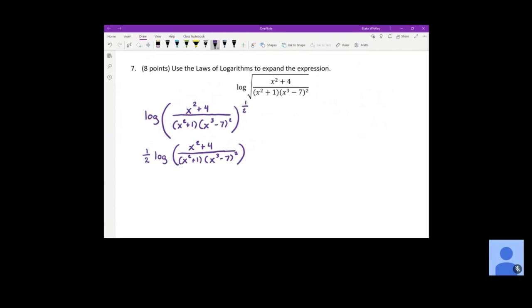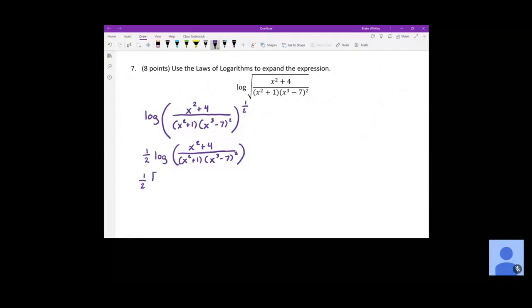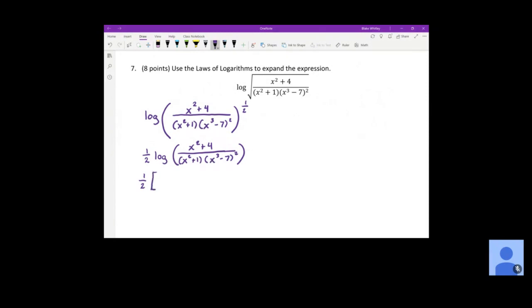Now let's start splitting up the division and the multiplication, right? So I'm going to keep my 1/2 here. And notice I'm going to put a bracket because that 1/2 is going to go with after this. So even though I'm splitting this into multiple logs, that 1/2 is going to go with every single one of them. We're going to have log of, what's going to go in that first log? Okay, good. So we take the x squared plus 4. Then we said the division here is going to become subtraction. So we're going to have minus common log. What's going to go in the second log?